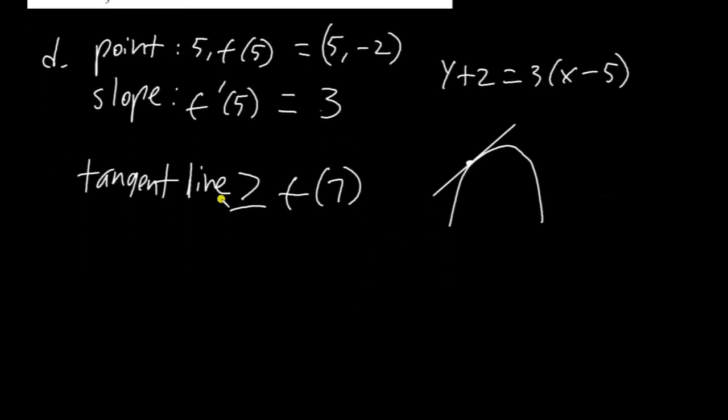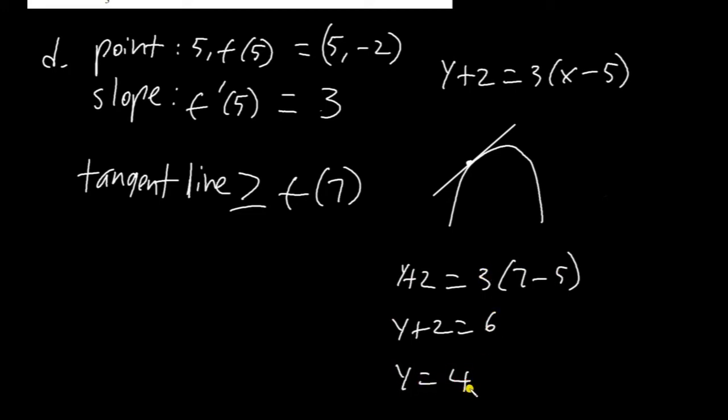Now all we've got to do is figure out what the tangent line is at x equals 7. And that's going to be as simple as taking 7 and plugging it in for x, okay? So y plus 2 equals 3 times 7 minus 5. Y plus 2 equals 7 minus 5 is 2. 2 times 3 is 6. Y equals 4, right? So we can take the 4, plug it in here.